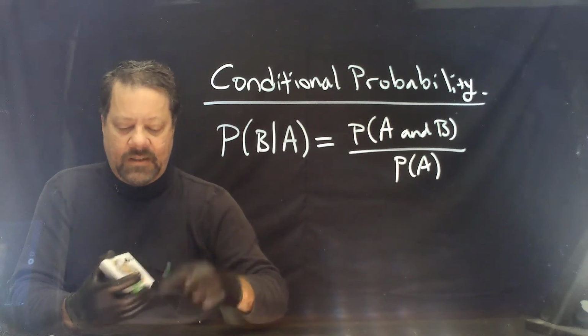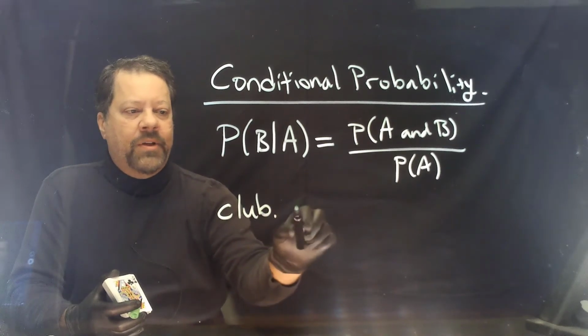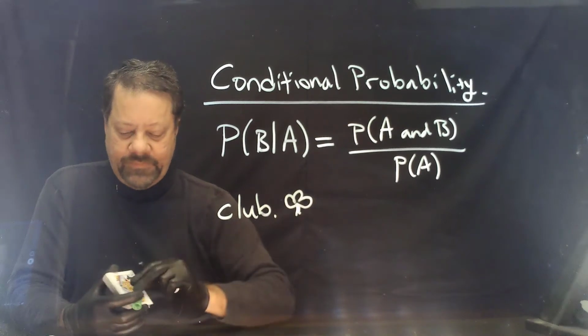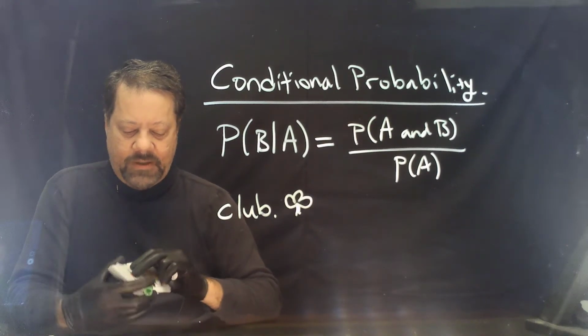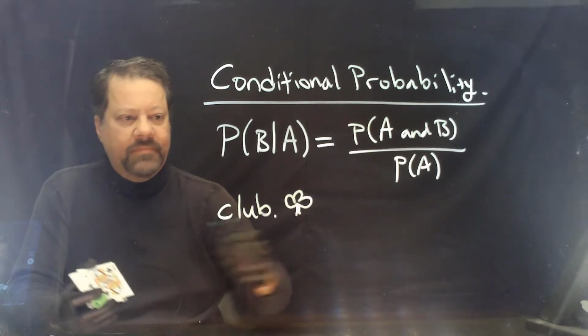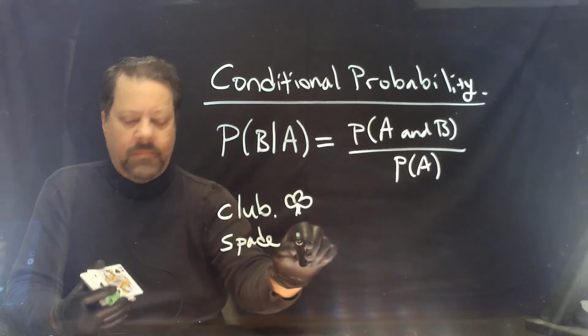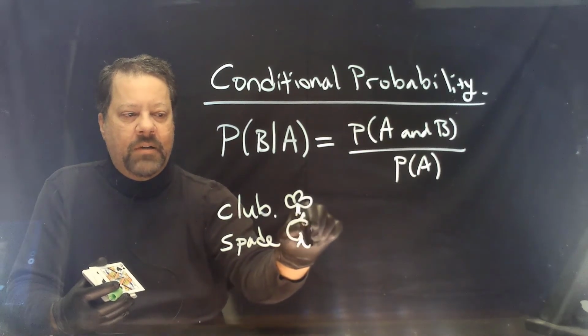One symbol is the club, which looks like a 3-leaf clover. Besides the club, there are spades, which look like a little point on the top.